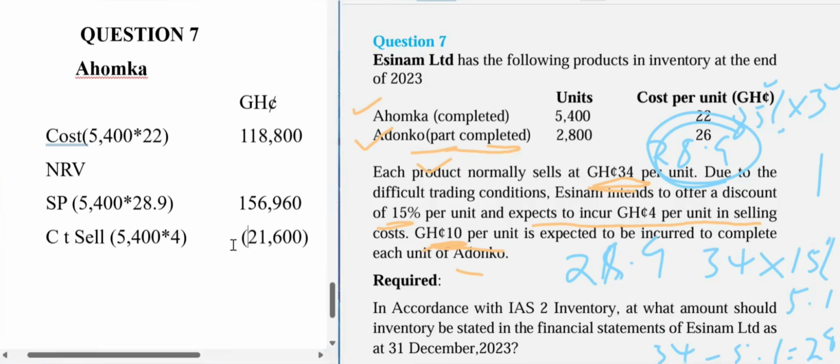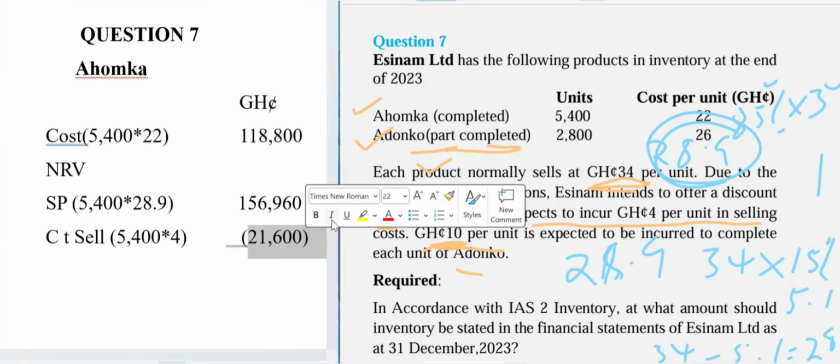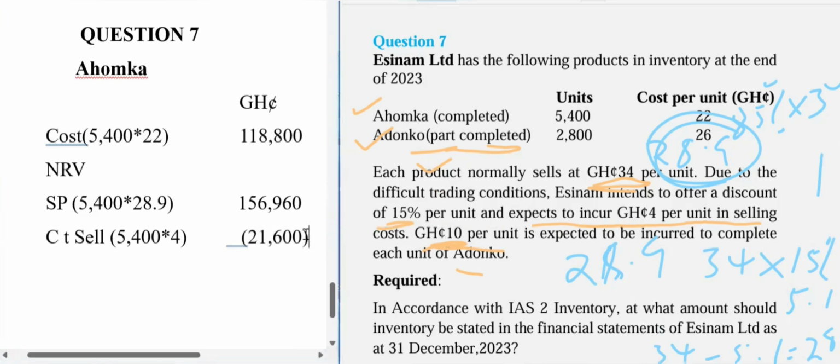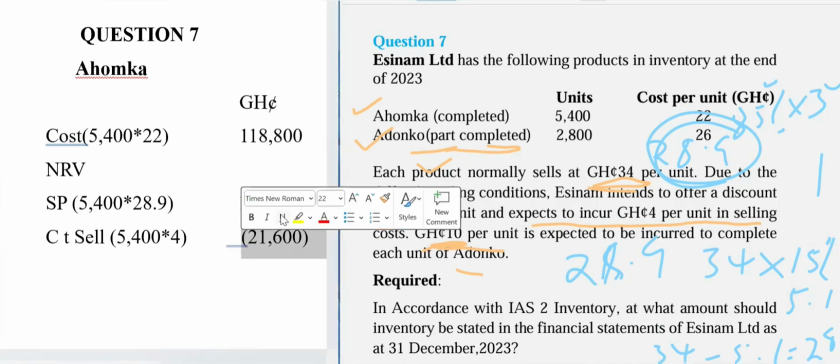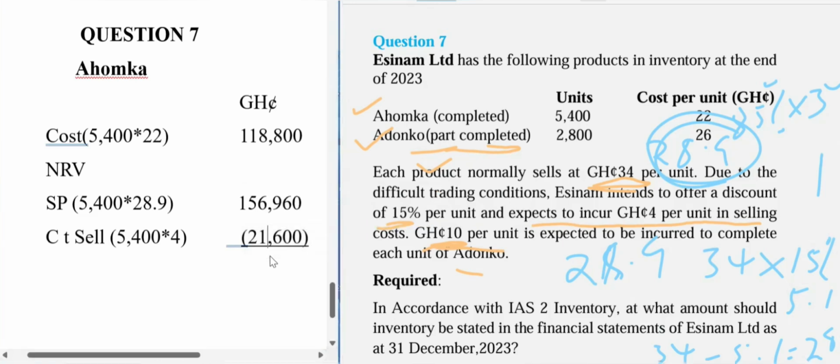And here we are deducting this figure. This Ahumka is completed, it's a finished good. So if it is finished goods, then we are not going to factor in the cost to complete. The cost to complete applies only to work in progress. That will be the Adunko, right? So we just underline this one here. We deduct, and what do we get after deducting?